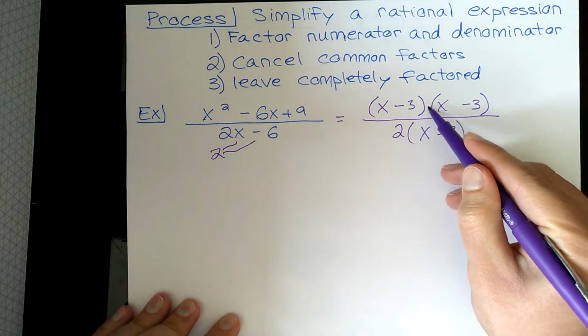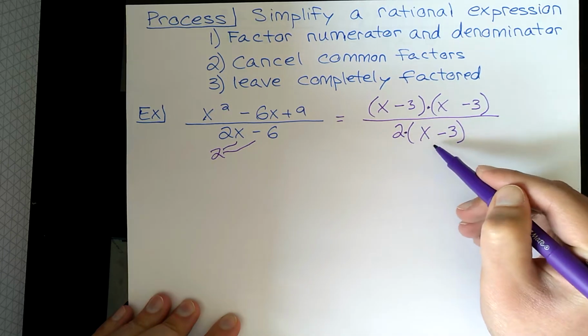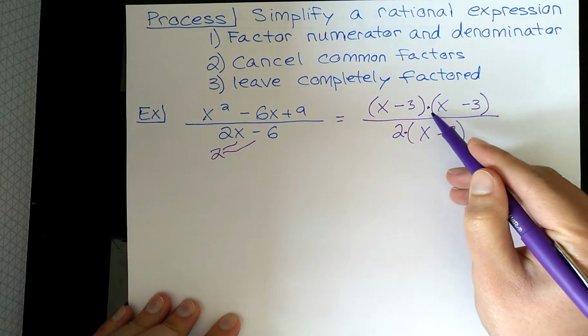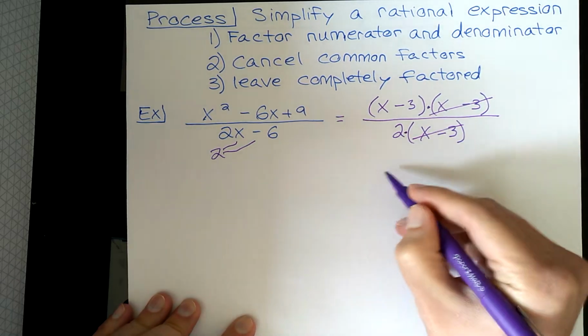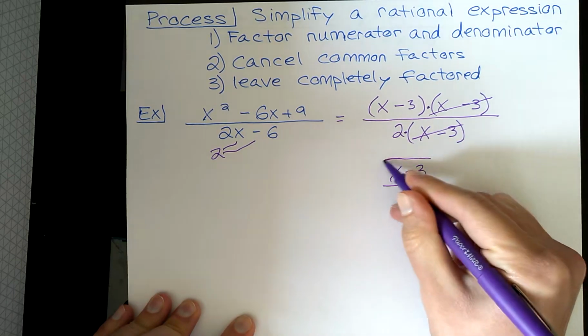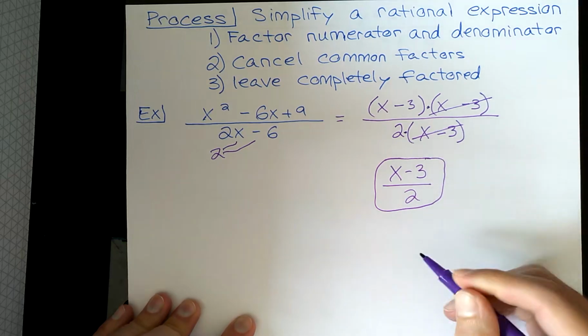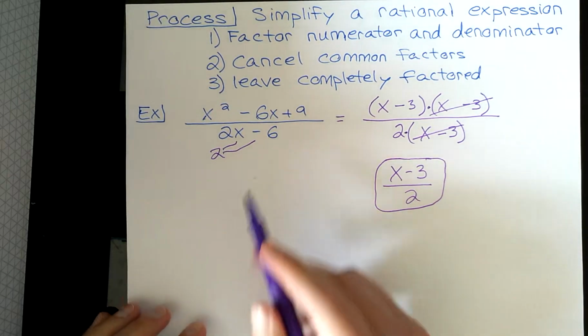We are only multiplying these two terms and these two terms, so we can cancel out the common term in the top and bottom, leaving us with just x minus 3 over 2. This is the simplified form of that original problem.